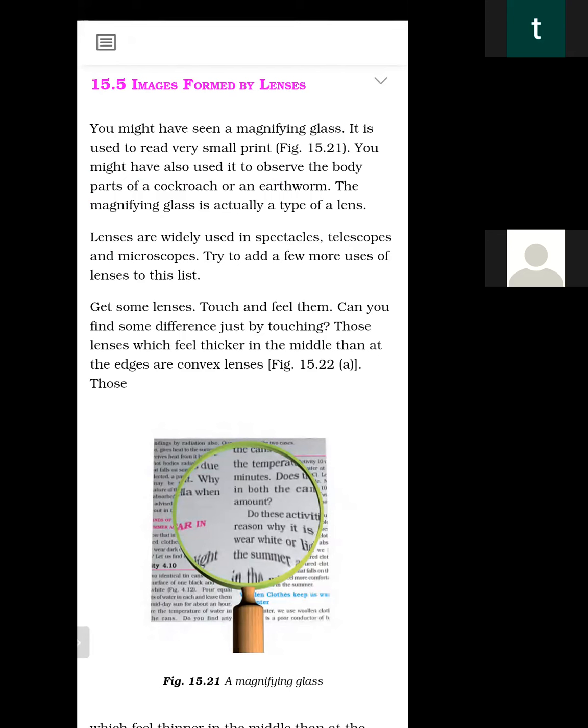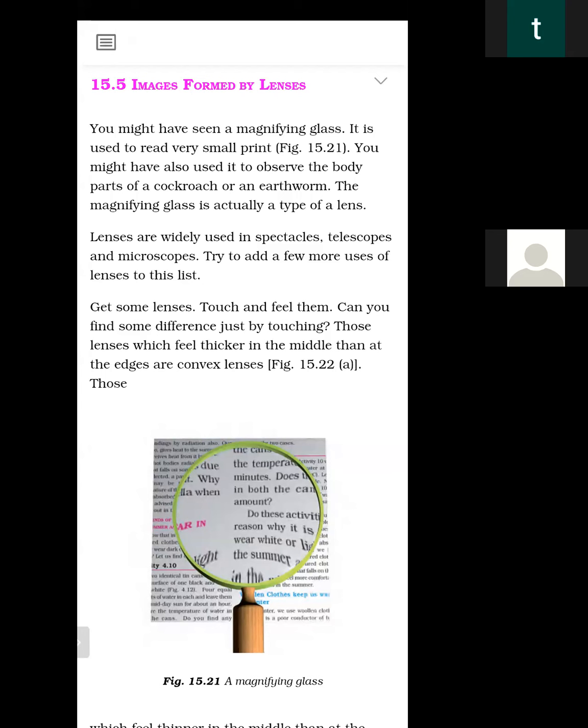You might have seen a magnifying glass. It is used to read very small print. You might have also used it to observe the body parts of a cockroach or an earthworm. The magnifying glass is actually a type of lens. A lens is a transparent surface.